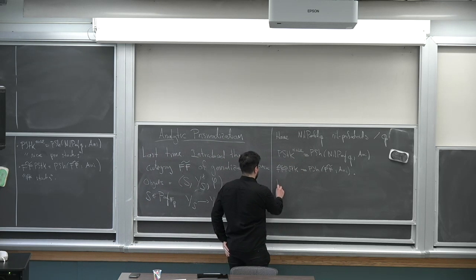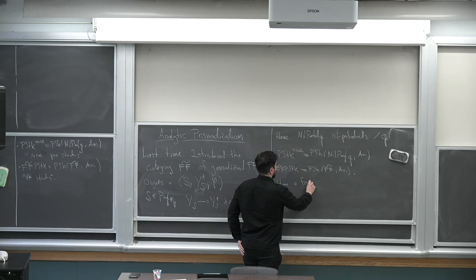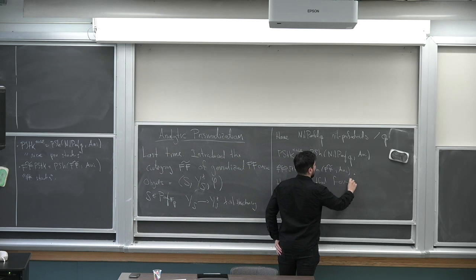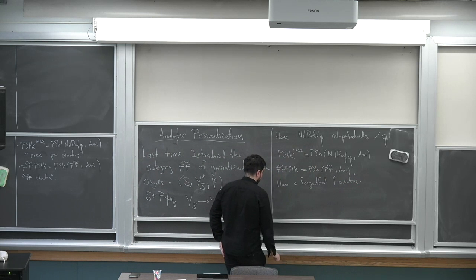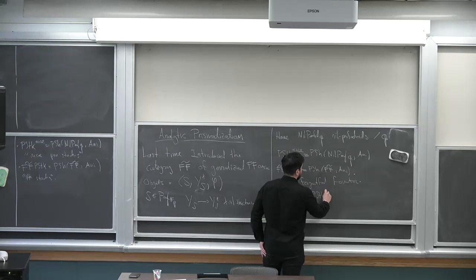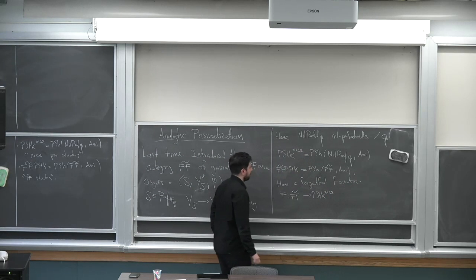So we have just a forgetful functor F from this category of Fargues-Fontaine stacks into this category of nice stacks.